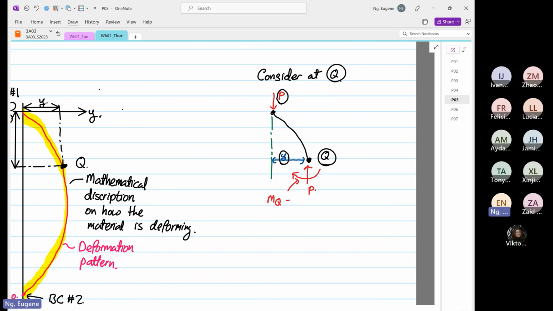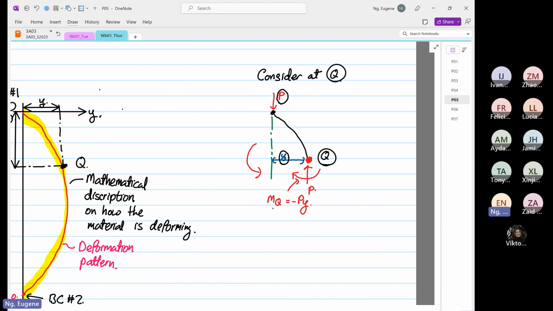This is equal to minus Py because it's going in the clockwise direction. Let me elaborate. Looking at point Q, P multiplied by y will induce a moment going this way. Yes or no?